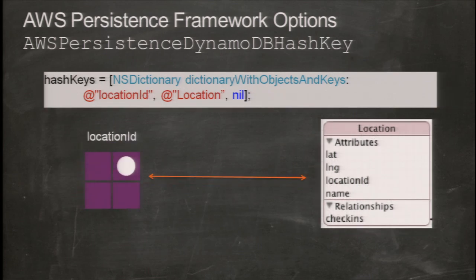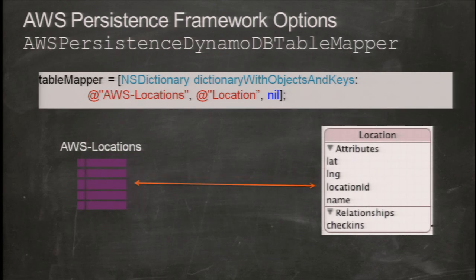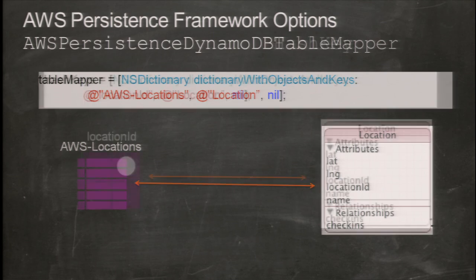Next, we have the AWSPersistenceDynamoDBHashKey. And this, again, is a dictionary, and this is our most important option. Let me actually go back one second, sorry. It's important to note here that we don't actually need to supply the table mapper. Much like the DynamoDB Mapper for Android, if we don't supply it, the entity names will be used by default.